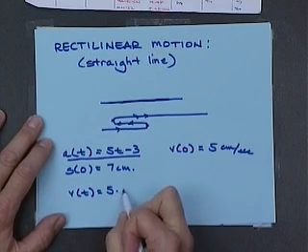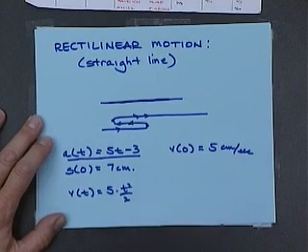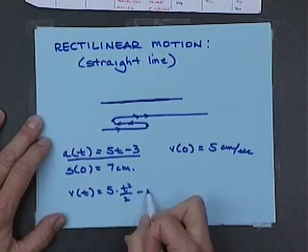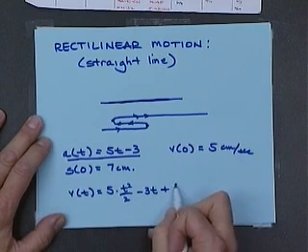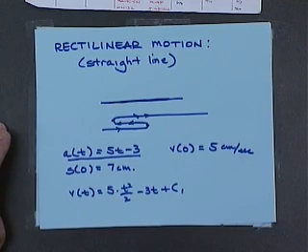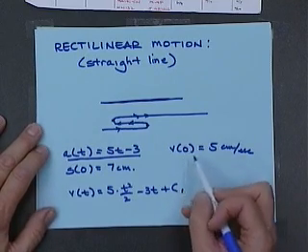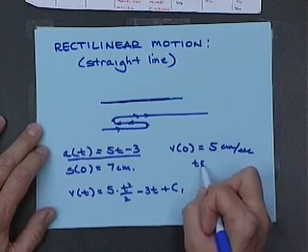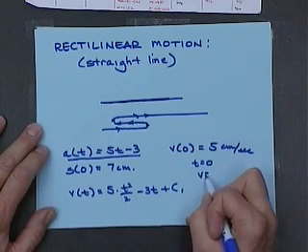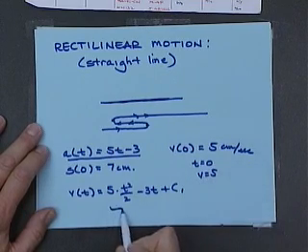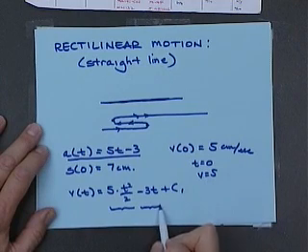Tell me what to write down for velocity. 5t squared over 2, yes, right? Minus 3t plus a constant. How do we find the constant? Equal to 5. Okay, it's going to be 5, right? Because when t is 0, the velocity is 5. So if you plug 0 in here, you get 0 in here.